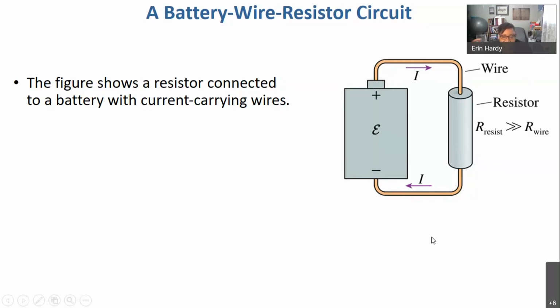So what this means is that if we could measure the potential difference between the terminals of our battery, and let's pretend it's a C battery so that we get 1.5 volts between here and here, and then measured the potential difference between the ends of the resistor, we would get most of that 1.5 volts.